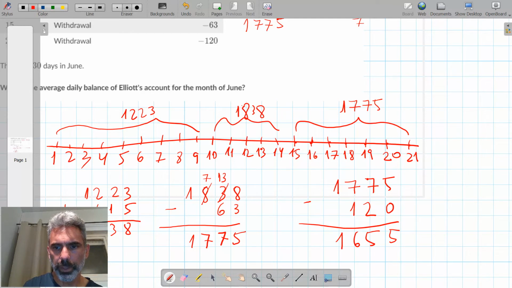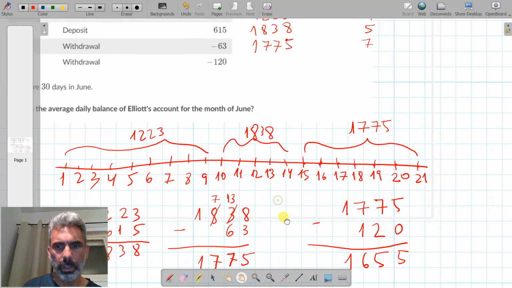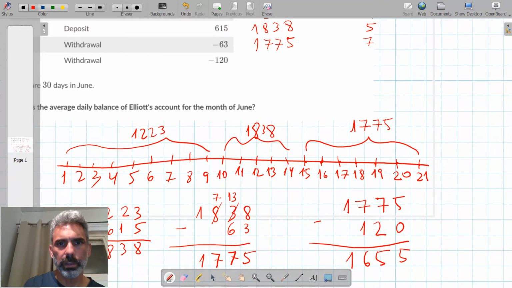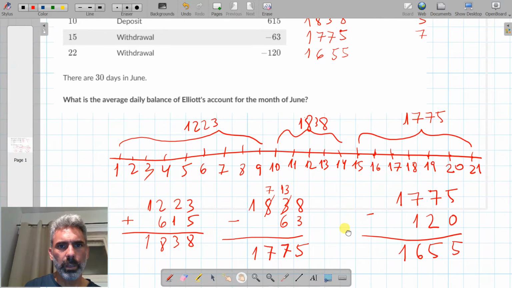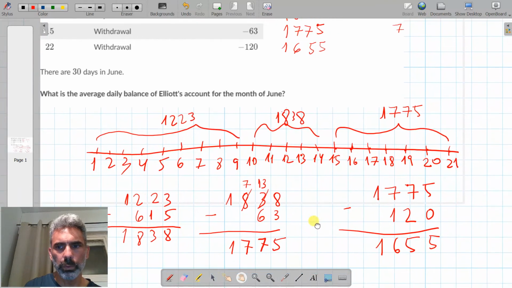So now the balance is 1,655. And this balance will stay the same until the end of June.